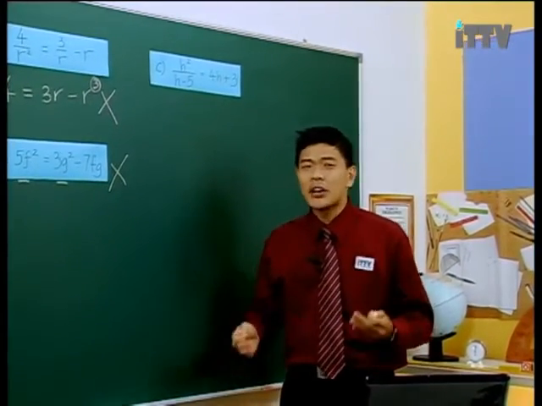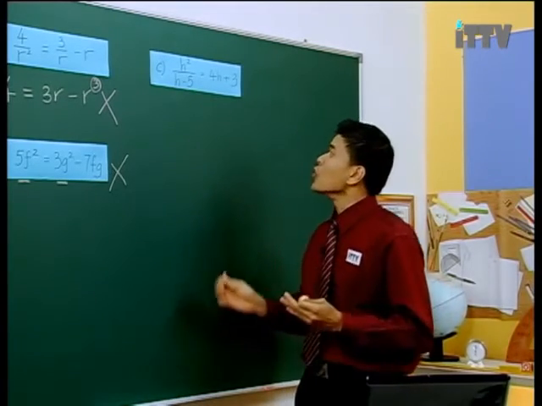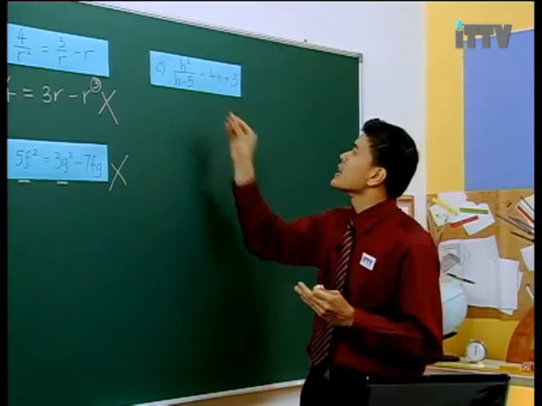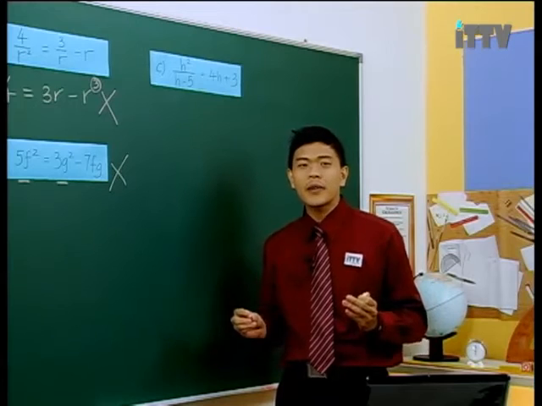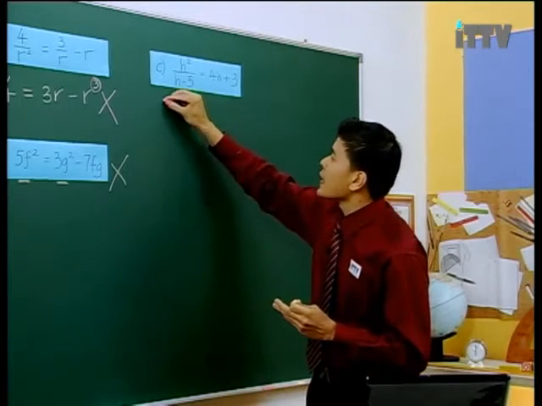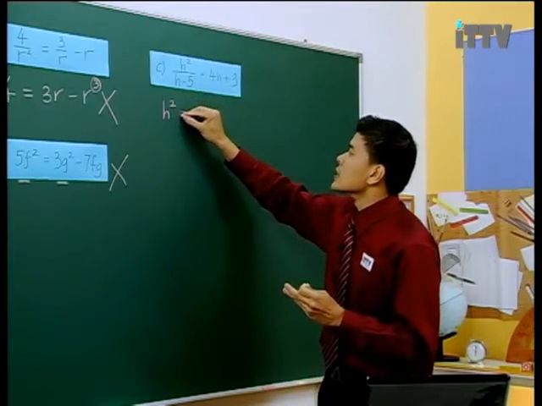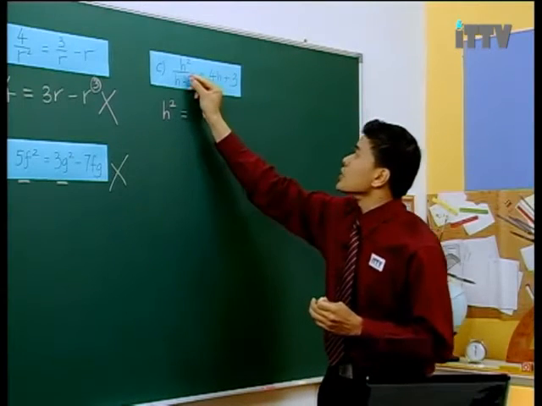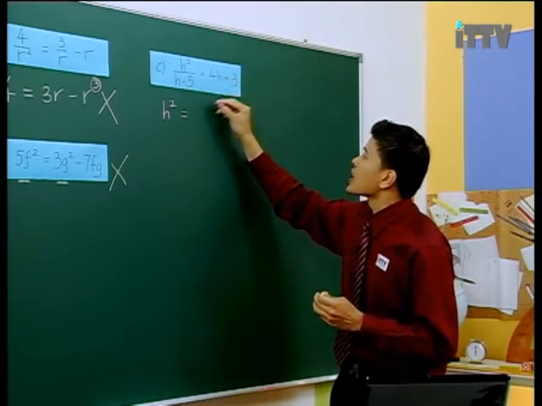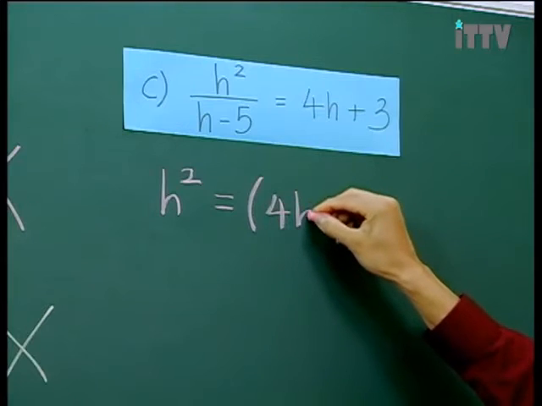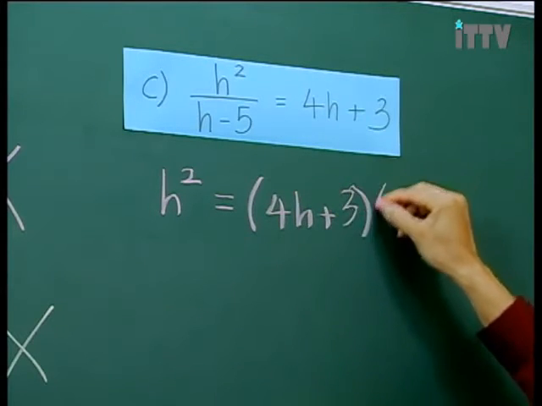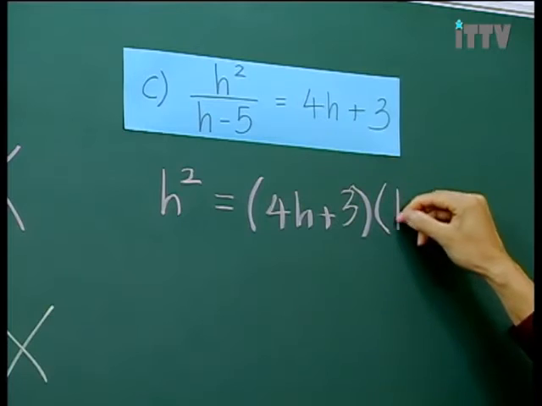So get rid of fractions. And how do we get rid of h minus 5 in this question? We cross multiply the terms. So h squared is equal to 4h plus 3 multiplied by h minus 5.